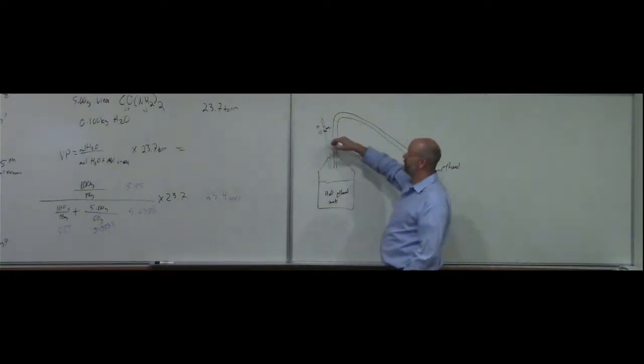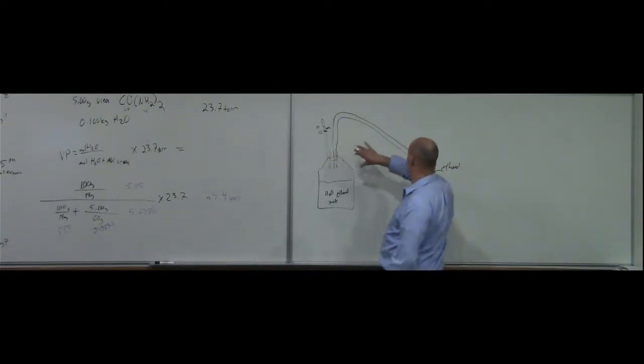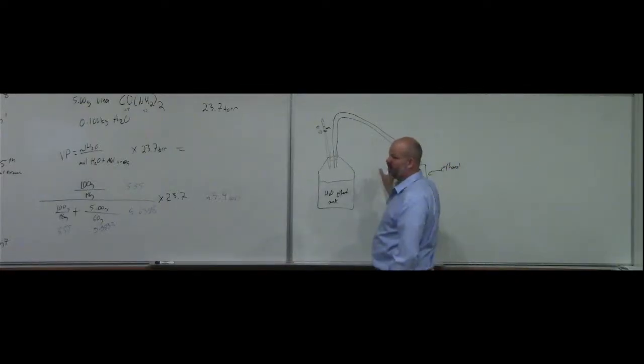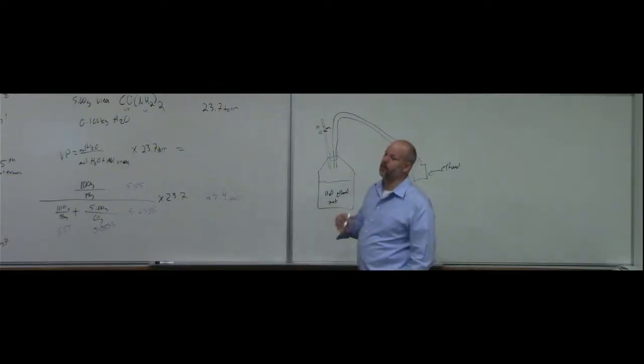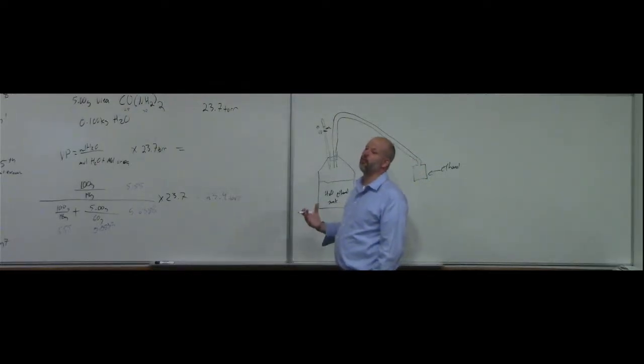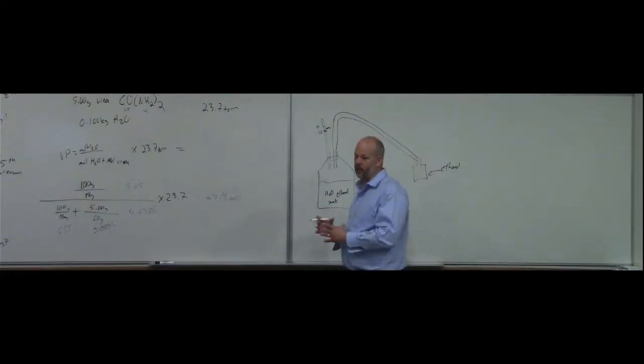And before this, as I start to see this rise, I need to get this out of the way. I'm going to collect a middle section, which is going to be a mush, and then the rest of it should be water. Now this is directly related to vapor pressures and partial pressures, right? Because ethanol has a lower boiling point, it's actually going to exert more pressure in that closed system.